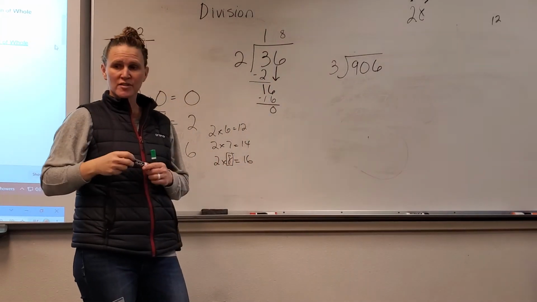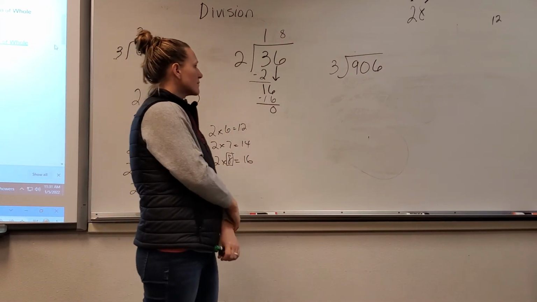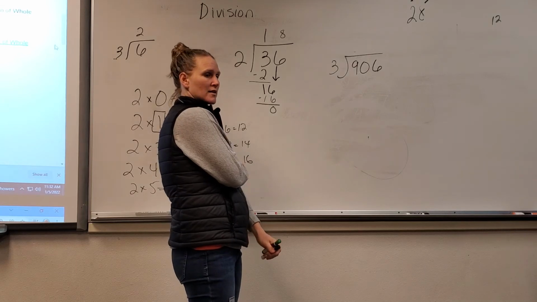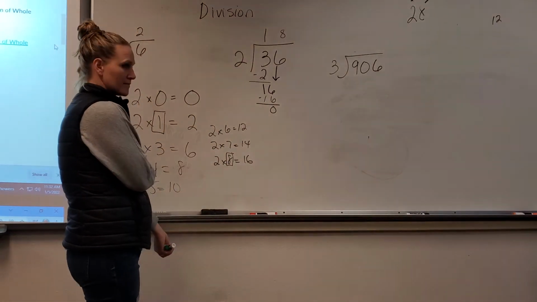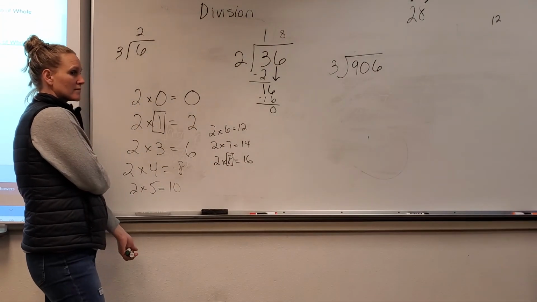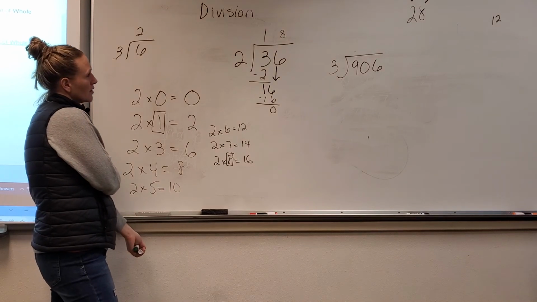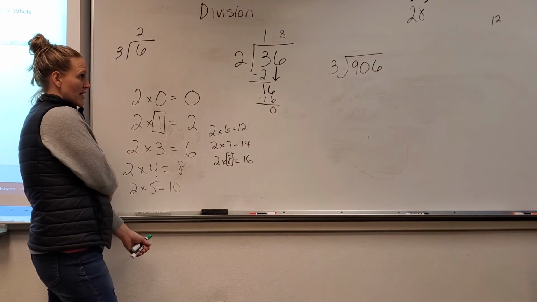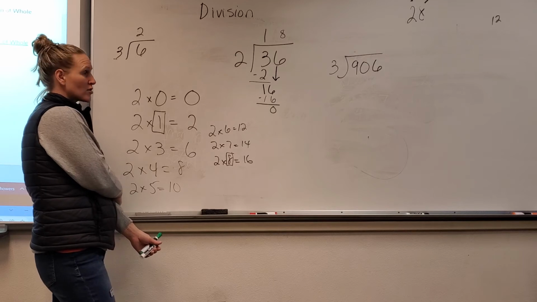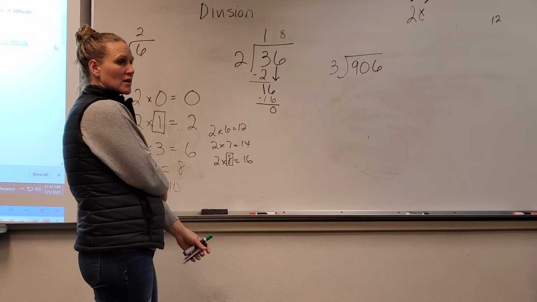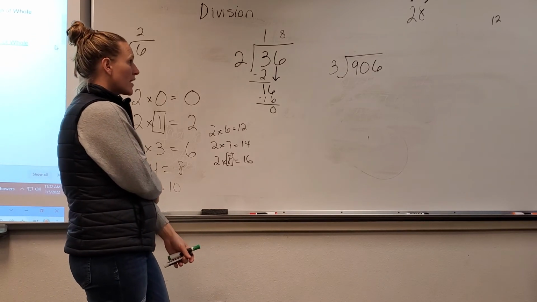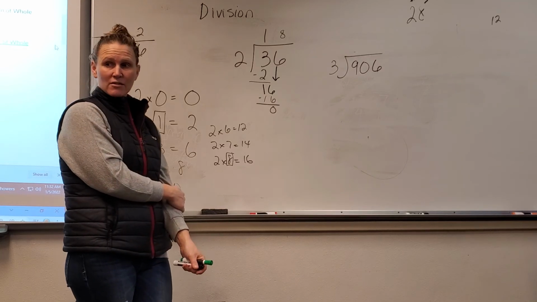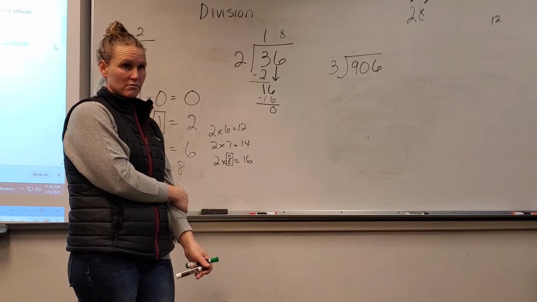Okay, let's take 906 and divide by 3. So the first thing I want to look at is that number 9. I'm going to start with the very first closest number. Can 3 multiply by a number and get 9, or get really close to 9?